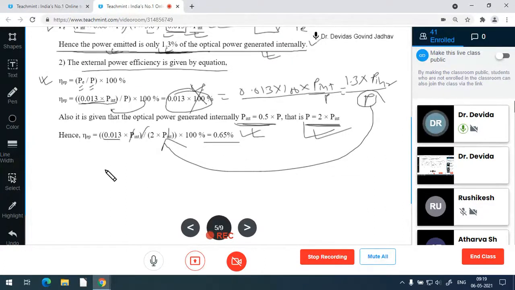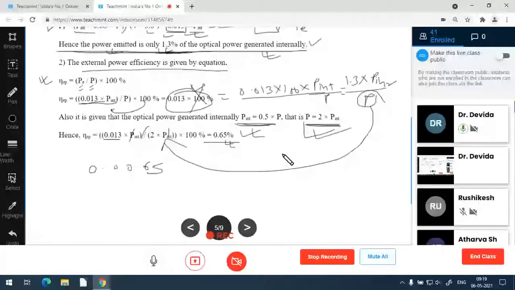This is percent, it is not a fraction. The fraction will be 0.0065, isn't it? Multiply by 100, it becomes 0.65%. So eta EP is 0.65%.